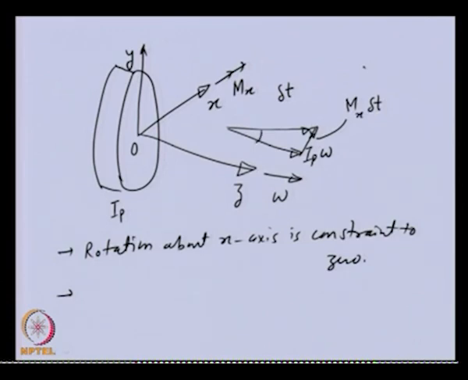Now this angle is the small tilt of the disc about y axis, in the positive y direction. This is the tilt of the disc about y axis because of the change in the angular momentum.